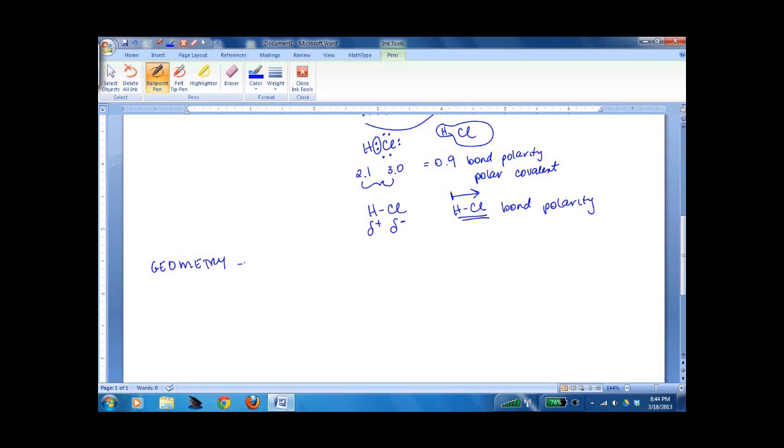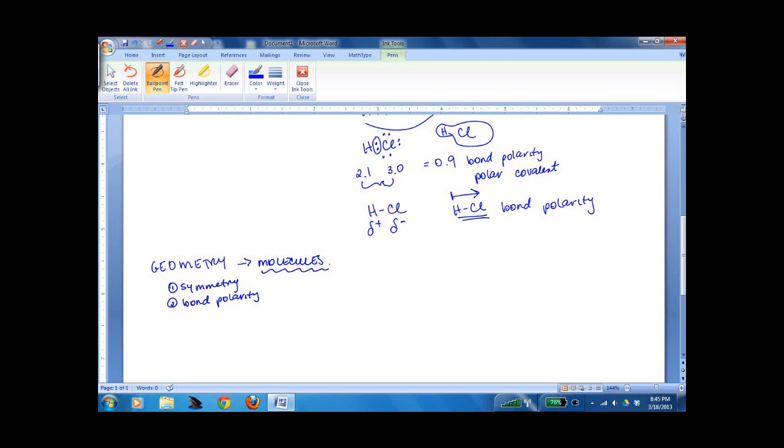When we're looking at molecules, we have some rules. We have to look at symmetry, and we have to look at bond polarity. And these molecules will have more than one bond.